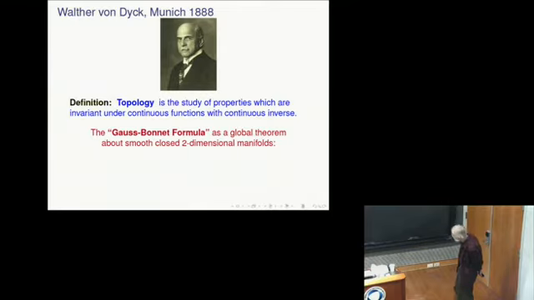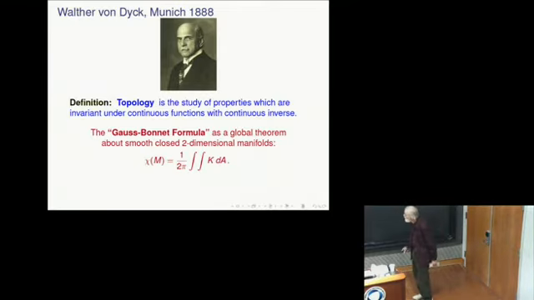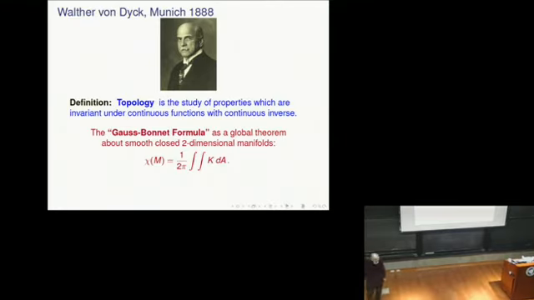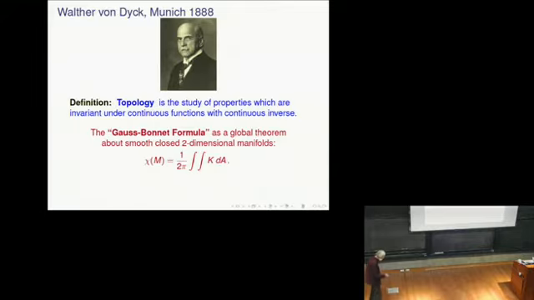But von Dyck, as far as I know, was the first one to put it all together and to get a formula for a closed manifold, which is the formula I think all of you know now, that the Euler characteristic is the integral of curvature with respect to area divided by 2 pi. And this has been an inspiration to mathematics ever since, especially to geometers who want to study the relation between topology and curvature. This is sort of the first model of what such a theorem might be.